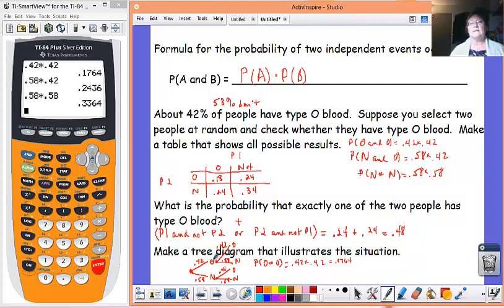We have on this branch a yes and a no, and there are 2 like that. So the probability that we get an O and an N, there are 2 ways it could happen, and the probabilities along those branches are 0.42 and 0.58, which was 0.2436.